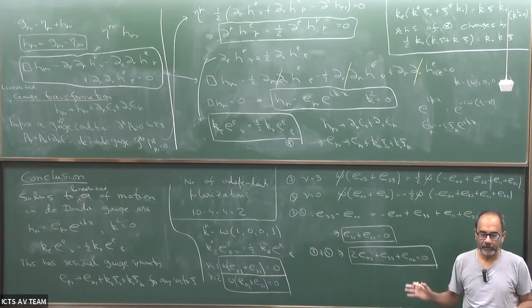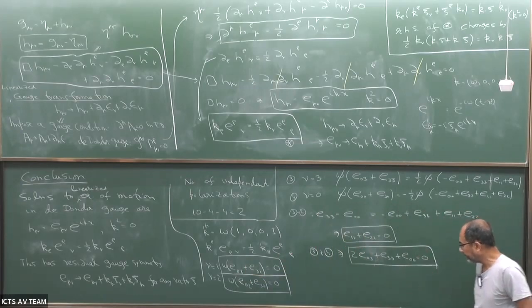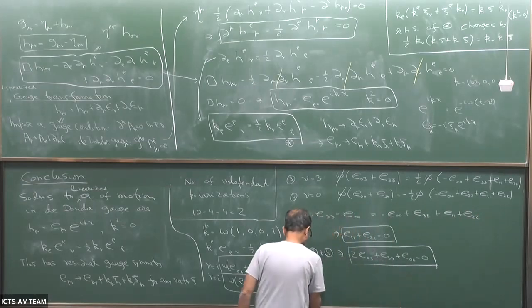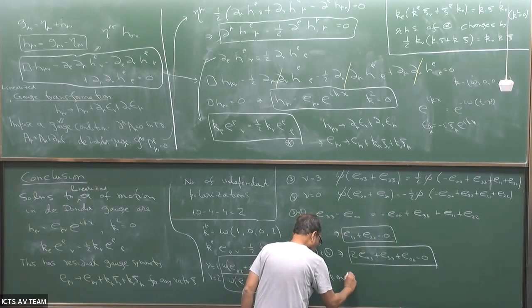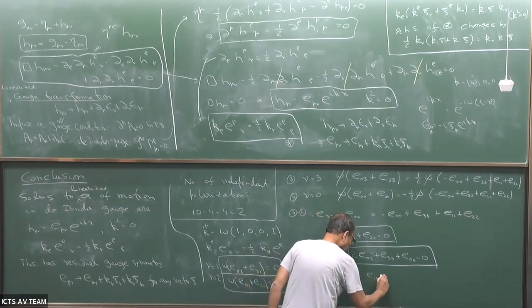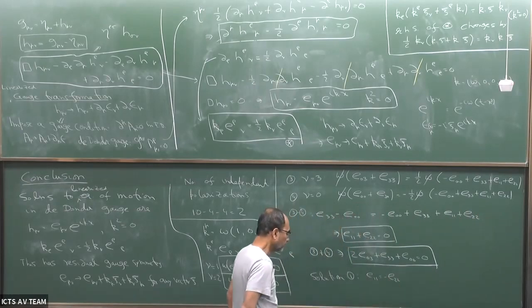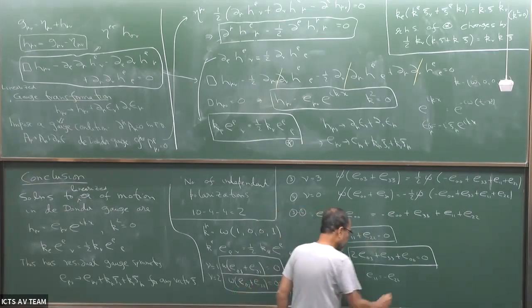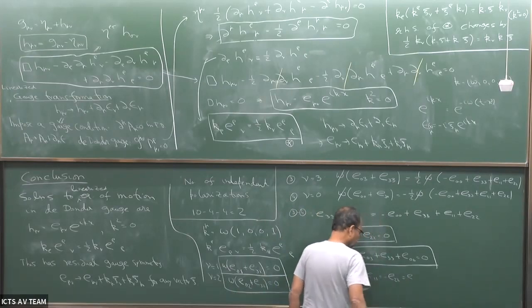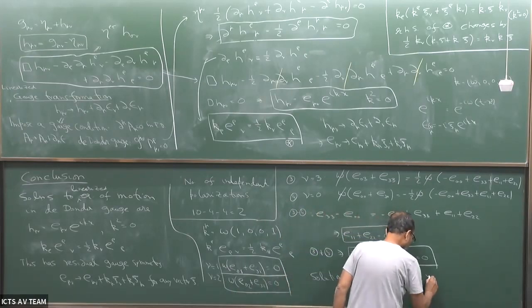So let me write down the 2 solutions. So solution 1 is E11 equal to minus E22 equal to some E say, rest are 0.